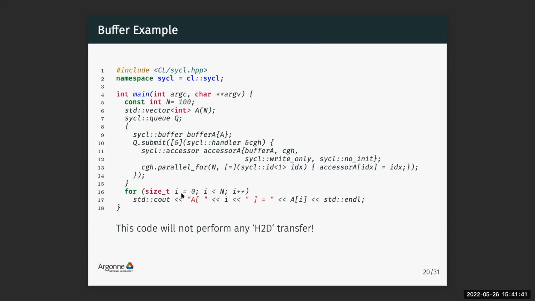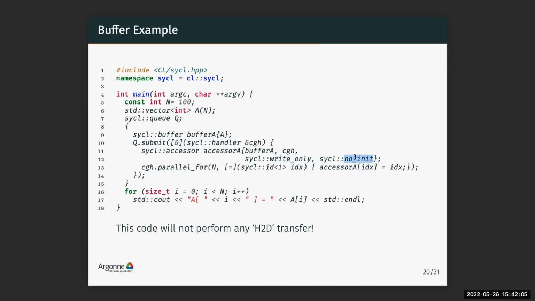So this is the buffer example, just to see that it will not perform any host to device data transfer. In this code, I have a vector of int. I create a buffer. And when I submit, I create an accessor inside my command group handler, and I say it is write only and no init.